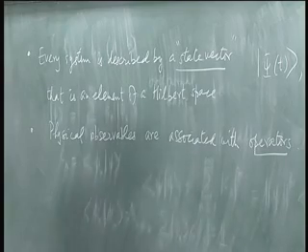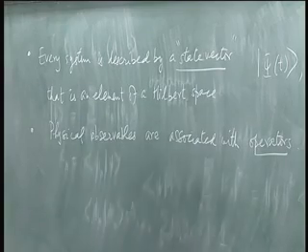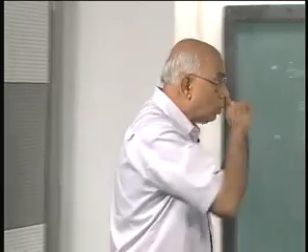Then the question is, what values can these operators have? After all, given an operator you have to associate some value with a physical observable. How do you associate a value with an operator? The natural way to do this is to talk about the eigenvalues of this operator, because the eigenvalues of an operator are those quantities.